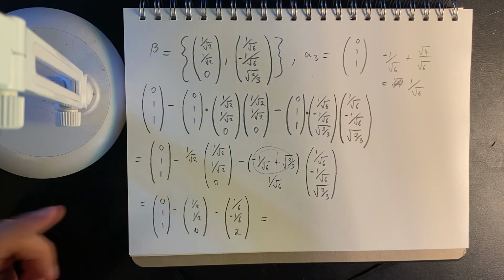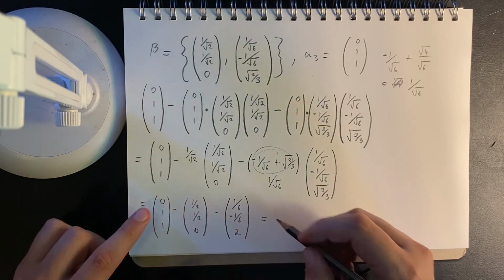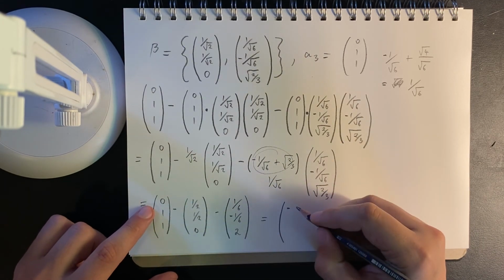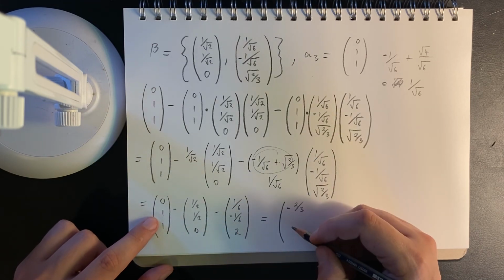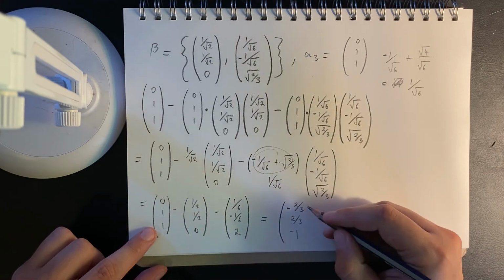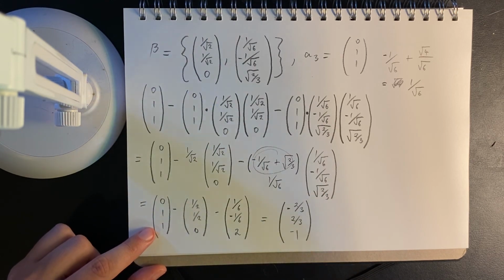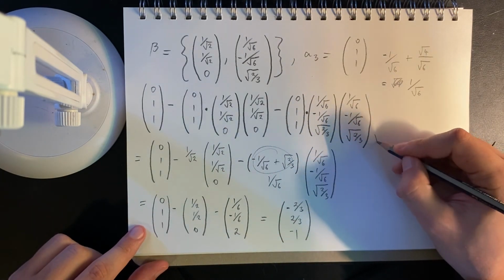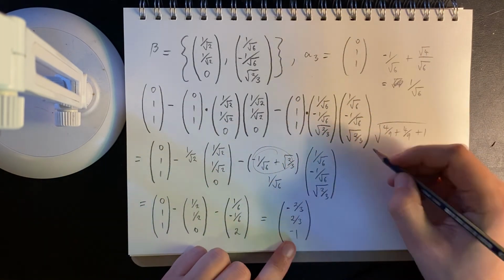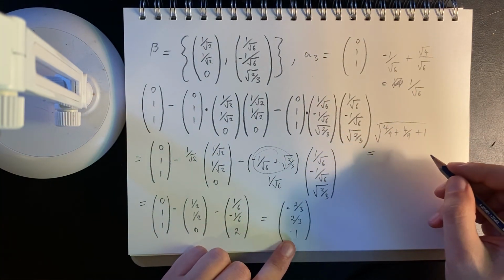Righty, so then we just do the math. Hopefully I've done that right. Okay, so then this is our third basis vector, but we need to normalize it. So then we find its norm, which is, oh, turns out to be 1.